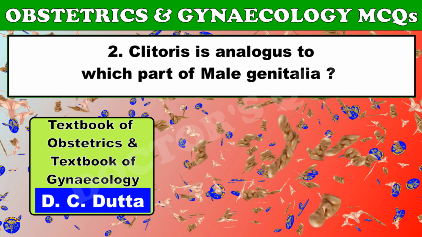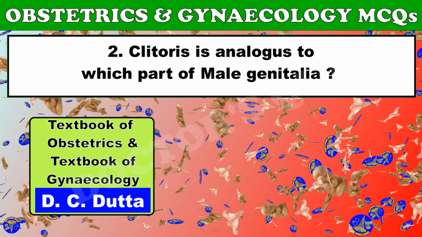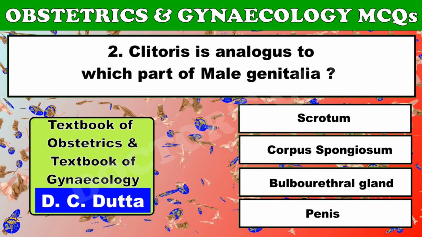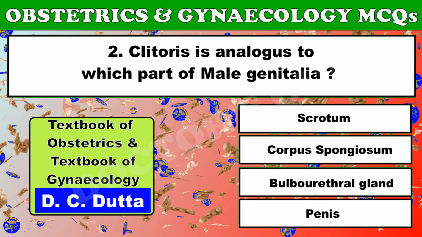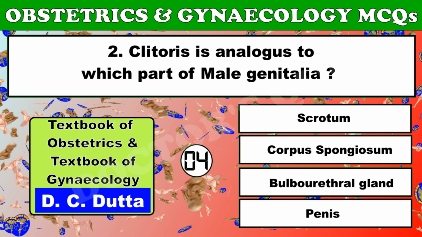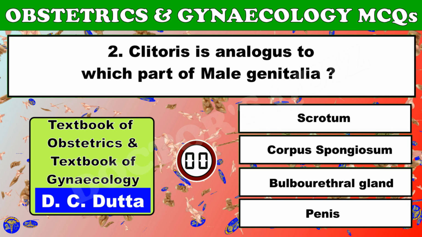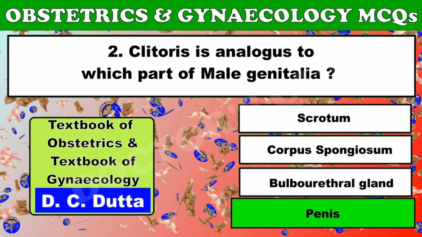The next question is, clitoris is analogous to which part of male genitalia? Options are scrotum, corpus spongiosum, bulbourethral gland or penis. Answer is penis.